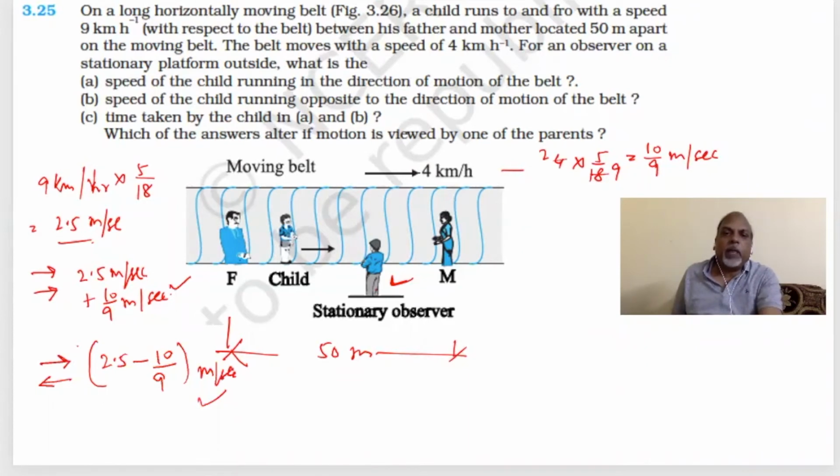Correct? Now, what is the time taken by the child in A and B?